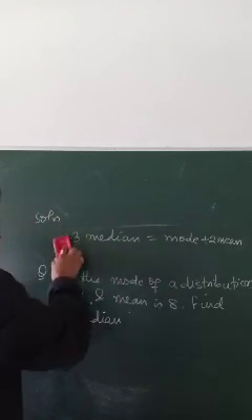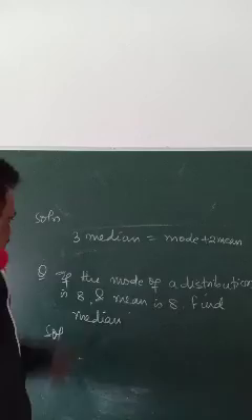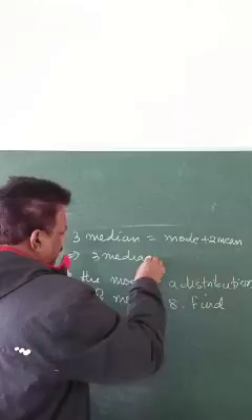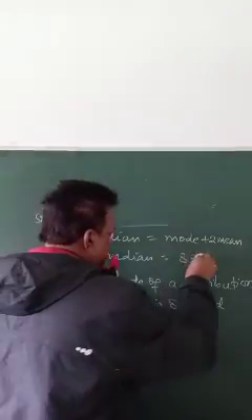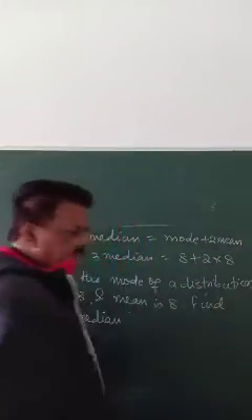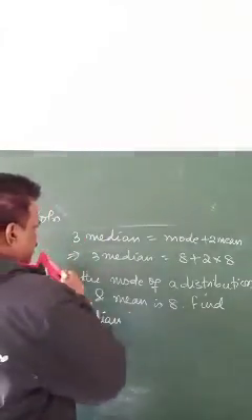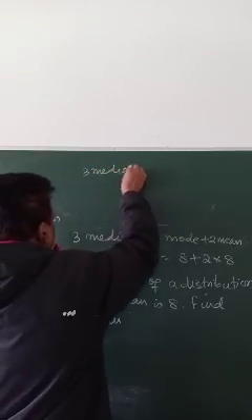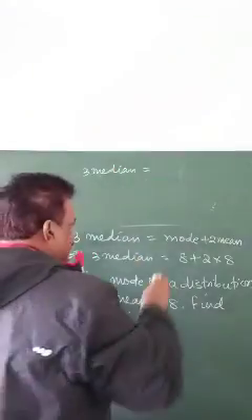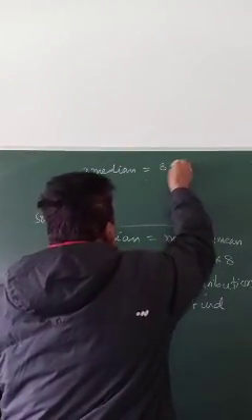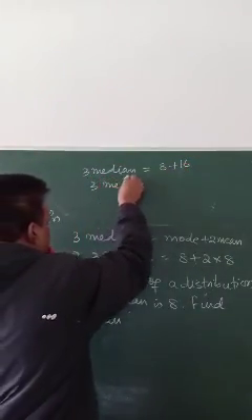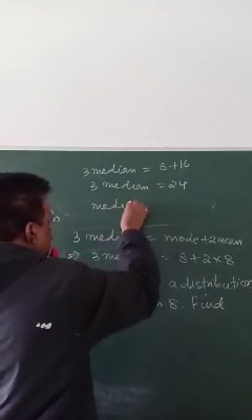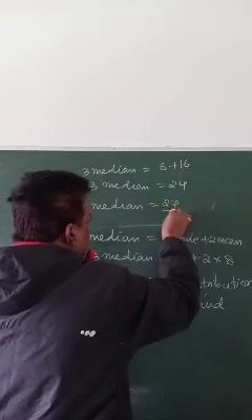What is the formula? 3 median equals mode is 8 plus 2 into 8. Then I can write here 3 median equals 8 plus 16. 3 median is 24. So median equals 24 by 3.